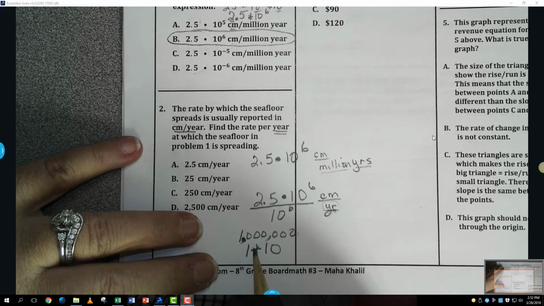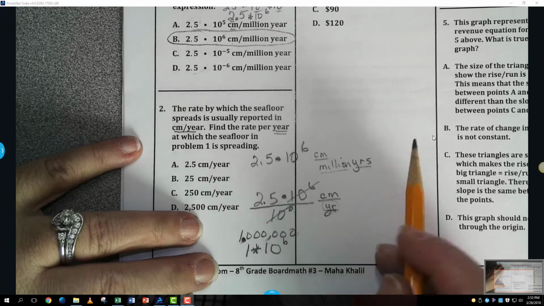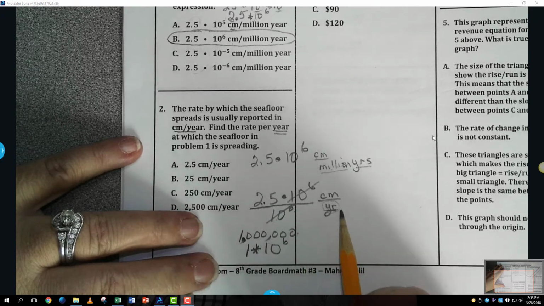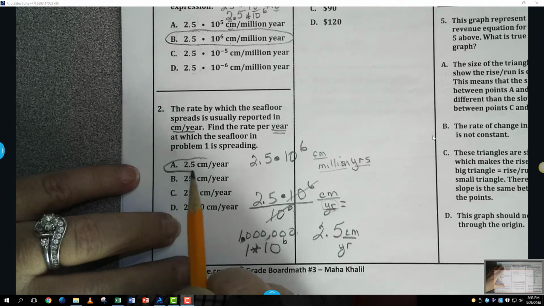So that is the same as 10 to the 6th. 1 times 10 to the 6th is just 10 to the 6th. Whenever I have something in the numerator and the denominator that are exactly the same, they simplify to a positive 1. And now I have 2.5 centimeters per year. So that would be A.